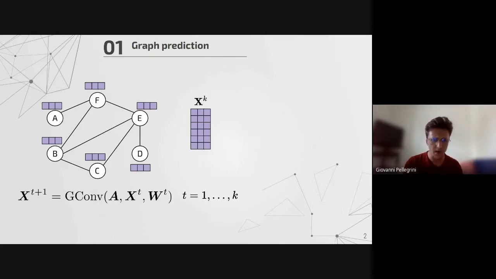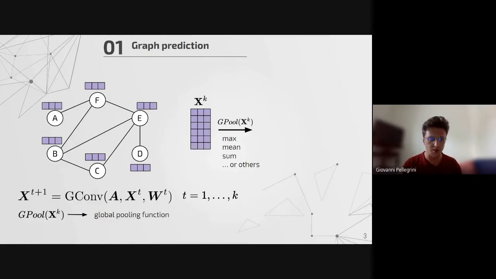Again, we have the graph, we have the vectors attached to the nodes. When we want to perform graph prediction, what we usually do is we have a global pooling function, which basically performs element-wise the aggregation function. That can be max, min, sum, whatever invariant function. This is used to obtain this G vector, which is the graph representation in just one single embedding.